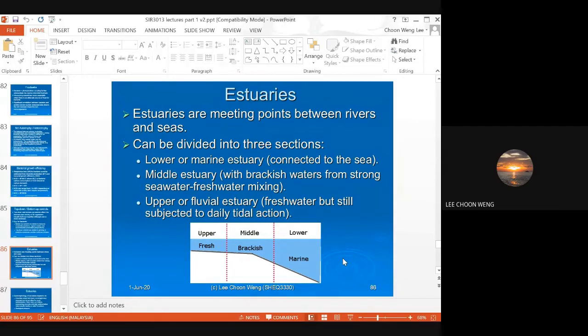In order to study an estuary, the first thing you have to do is study the physical movement of the water first. We have to understand how the river and the seas are mixing in the river mouth. If not, you will not be able to understand the results that you are getting.